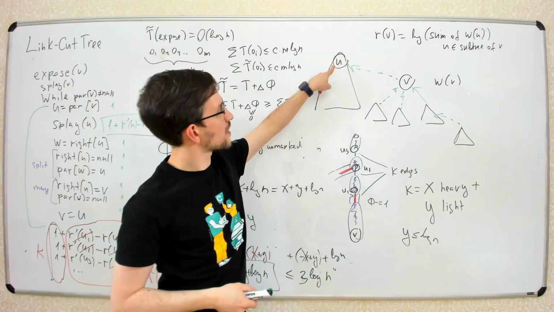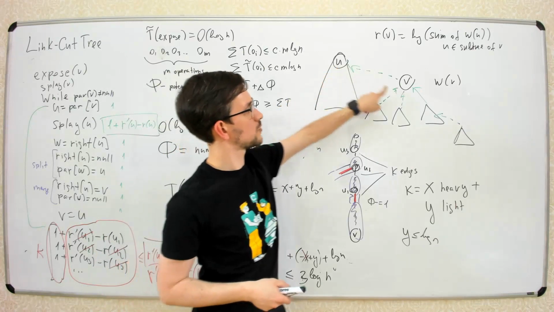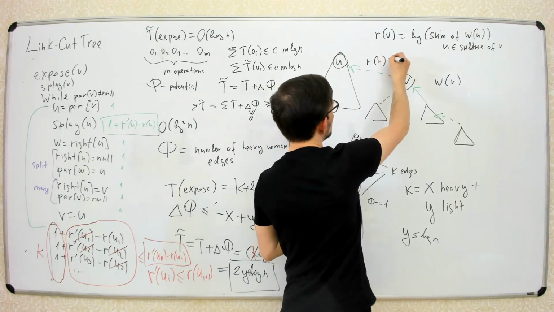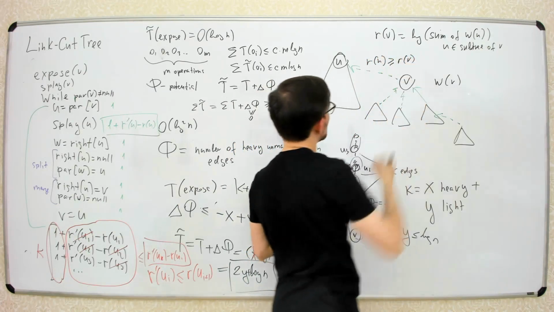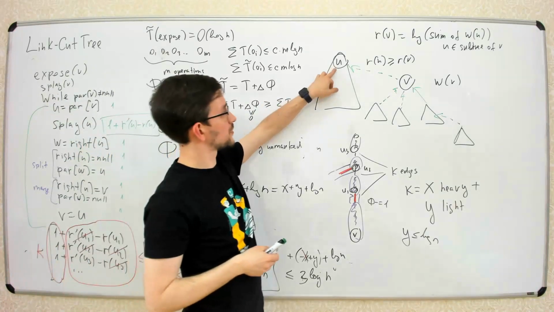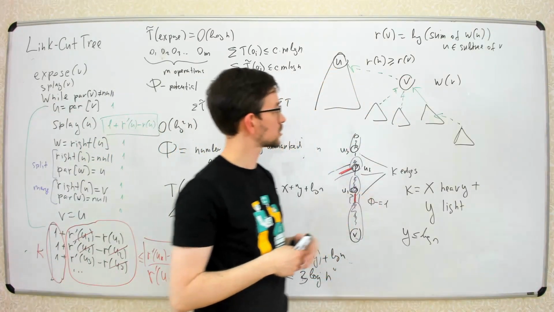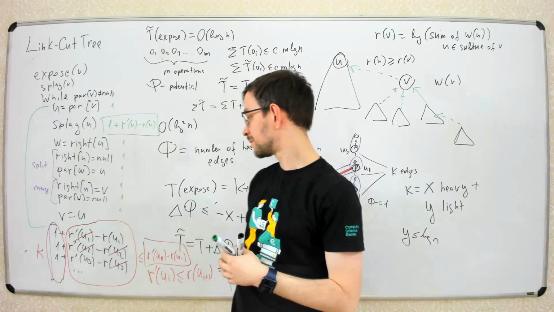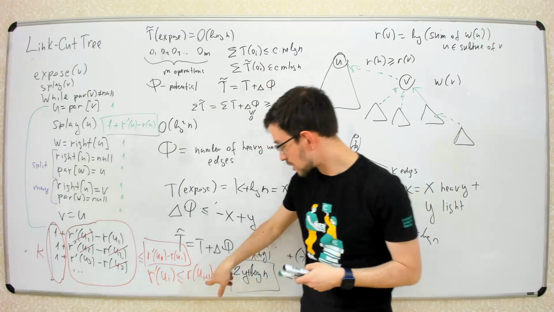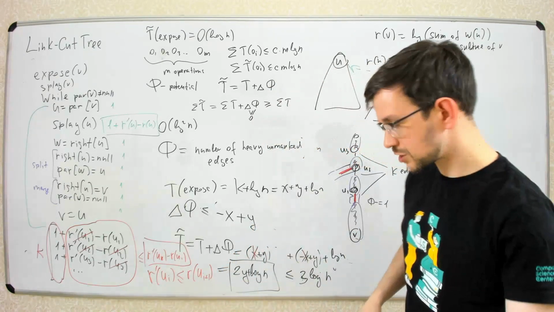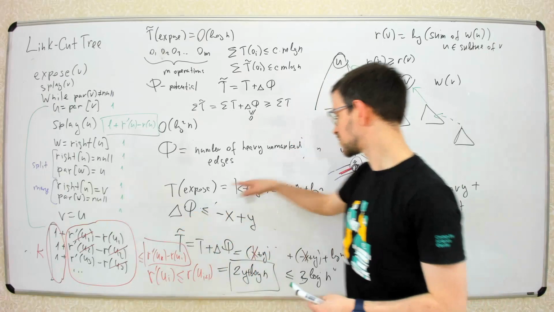It means that the rank of u will be greater than or equal to the rank of v. Just because the weight of this node includes all the nodes in this section. That's all. And this proves this inequality, and this inequality proves this, and this proves this, and so on.